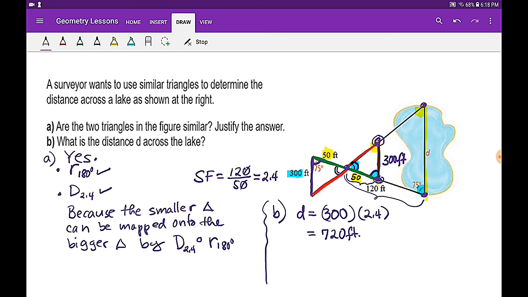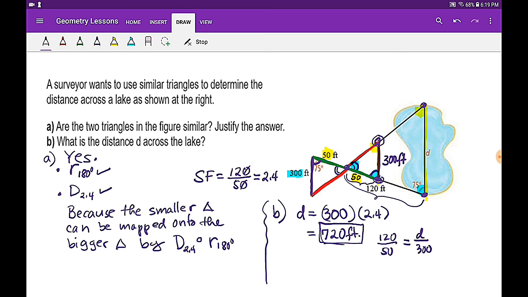Alternatively, you can do that using ratio and proportion. We can say 120 over 50. That's our answer already, I'm just showing you another way. 120 over 50 must be equal to, because of similar triangles, D, bigger to smaller, D over 300.